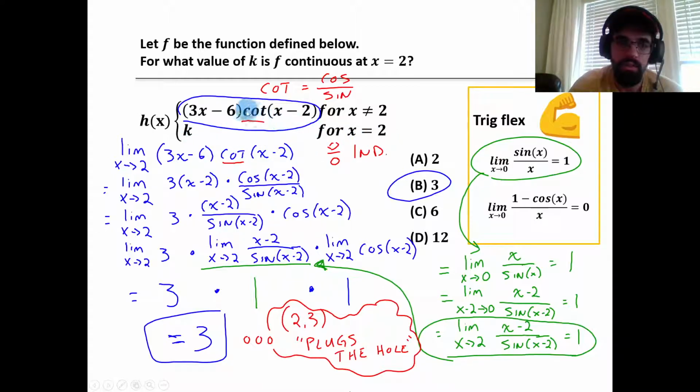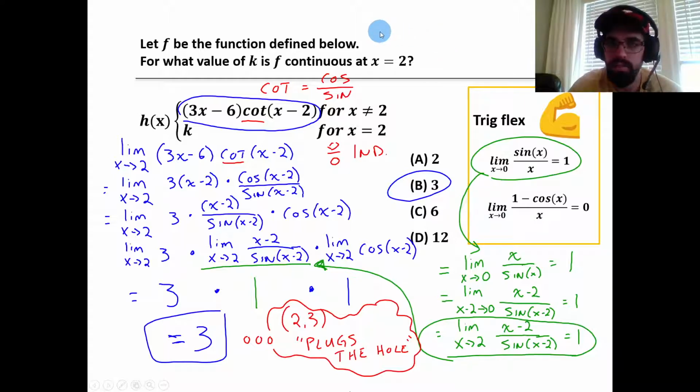Since the limit of our function as x approaches 2 is 3, we want our x value equals 2 to be defined as 3. So h of 2 needs to be 3 to plug this hole. So the point (2, 3) would plug the hole because 3 is the limit. And so 3 is our best answer. It's the number we want to plug in for k to get rid of our removable discontinuity.